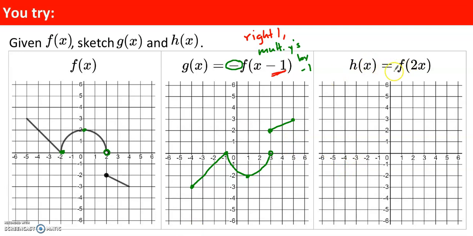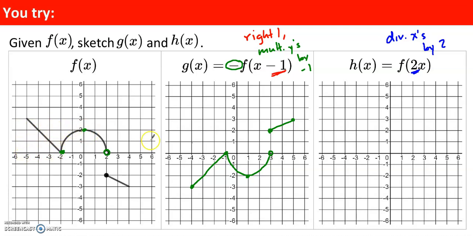What does, in h of x, multiplying the x by 2 do? It actually divides the x's by 2. Remember that anything that happens to the input itself affects the x values. So we want to take each of those same key points in f and divide the x by 2 only.